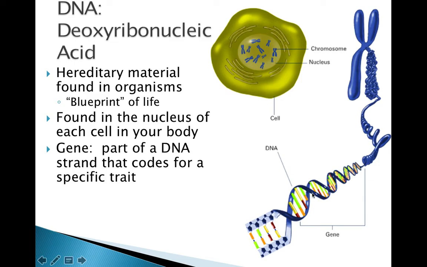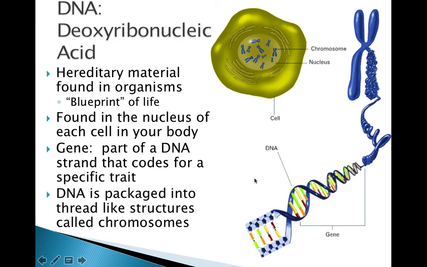Or it might be something to do with how your liver functions. So the genes are on your chromosomes. They're just a particular part of the DNA. And that's the last bullet here, just telling you that these strands here are called chromosomes, and because you're a human, you're going to have 46 of those chromosomes inside the nucleus of all your cells.